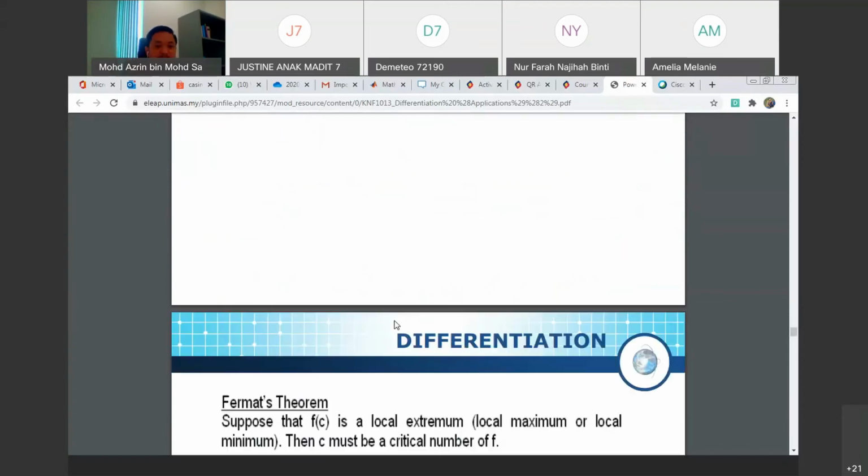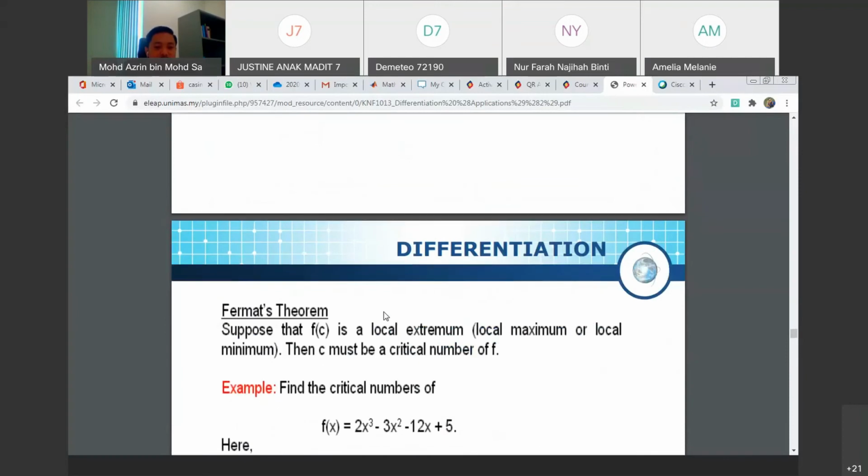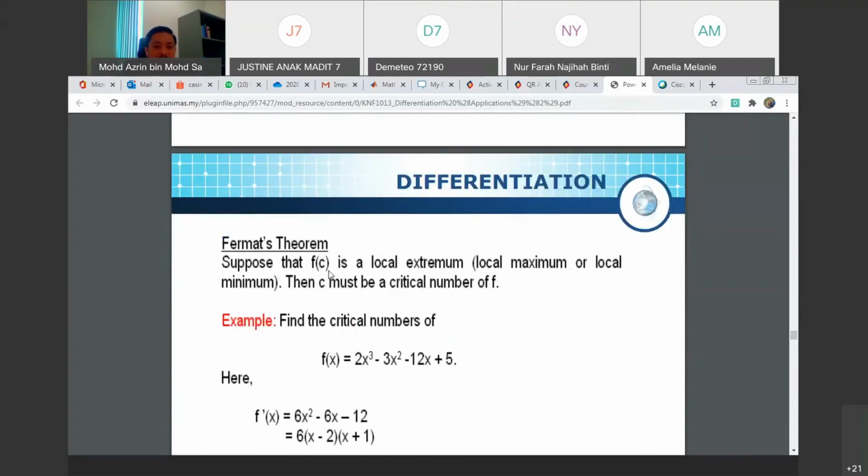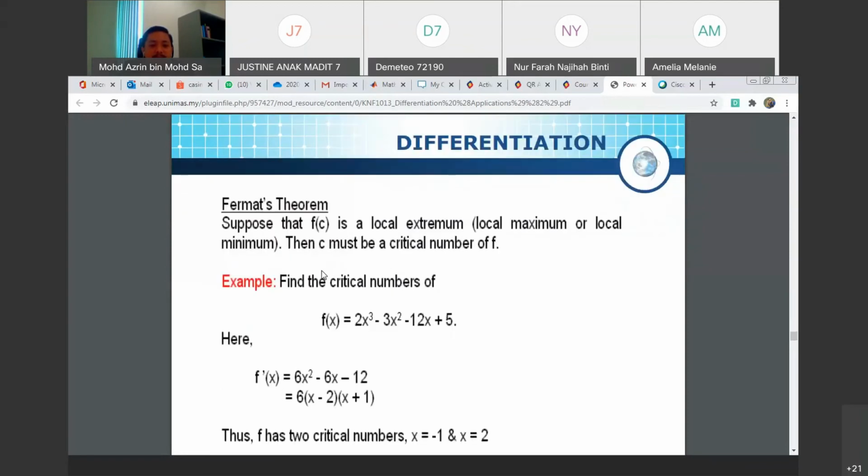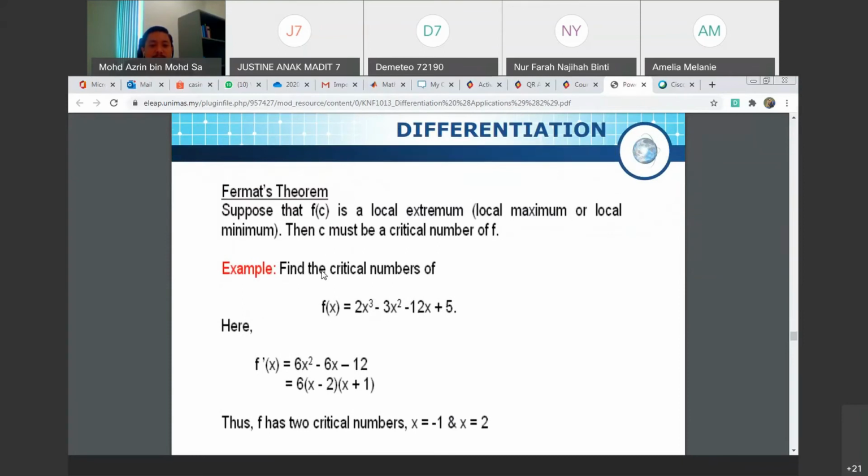And then there is also Fermat's theorem: if f has a local extremum, a local maximum or local minimum, at c, then c must be a critical number of f. It means c must be equal to a critical number.